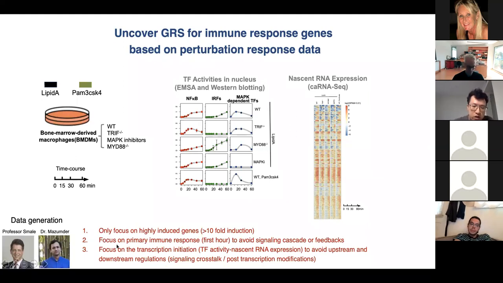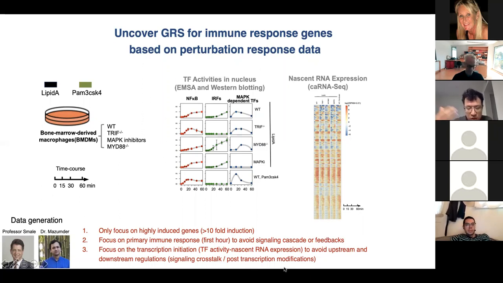Secondly, we focus on the primary immune response, which is the first order, so that we can avoid signaling cascades and feedbacks. I think this is also very important: to use the ligand stimulation, again, focused on the primary immune response rather than the later time points. We also focused on transcription initiation, which is TF activity and RNA expression, so that we can avoid upstream and downstream regulations from signaling crosstalk and post-transcriptional modifications, which is very nice.